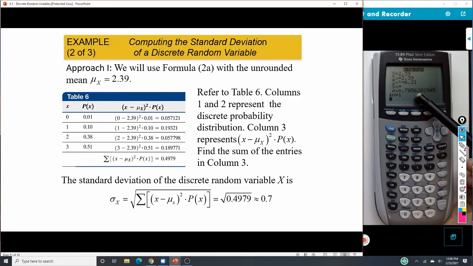Right over here is our standard deviation, 0.7. So by putting it into our L1 and L2 and doing our 1-Var Stats, we have both the mean and the standard deviation right here given to us. So we don't have to work as hard to get those pieces. The calculator will do them for me.